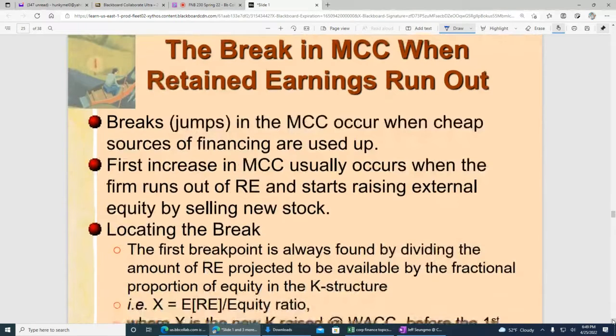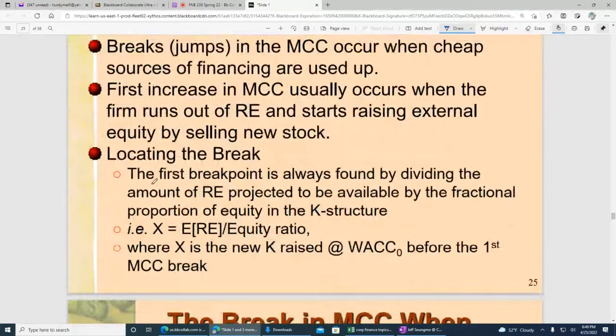So how do we locate where that break happens? The first break point is always found by dividing the amount of retained earnings projected to be available by the fractional proportion of equity in the capital structure. In other words, it's simple.